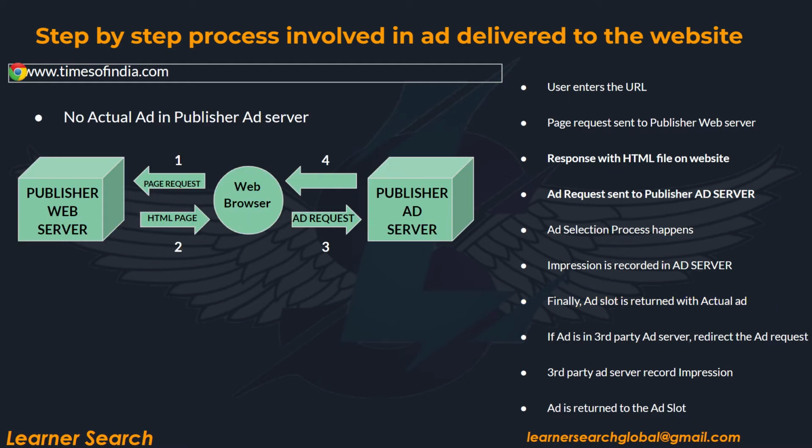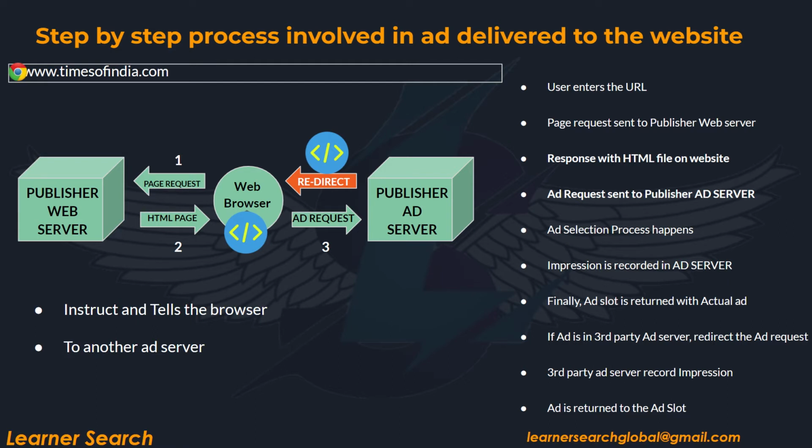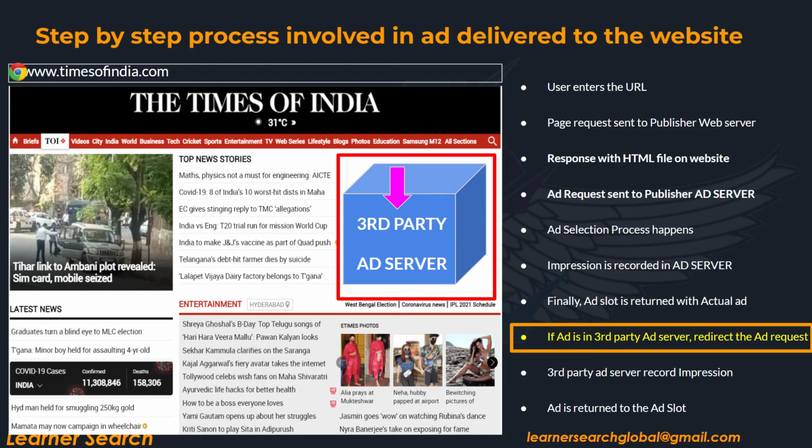In case there is no actual ad in the publisher ad server, it means that the ad was already trafficked as third-party creative code that acts as a redirect tag. So this time, the publisher ad server responds to the ad request with a redirect tag instead of the actual ad. The information in this redirect tag renders onto the browser and instructs the browser to redirect the ad request to another ad server, which is known as the third-party ad server.